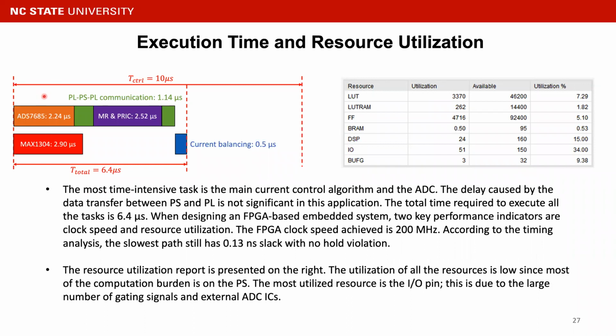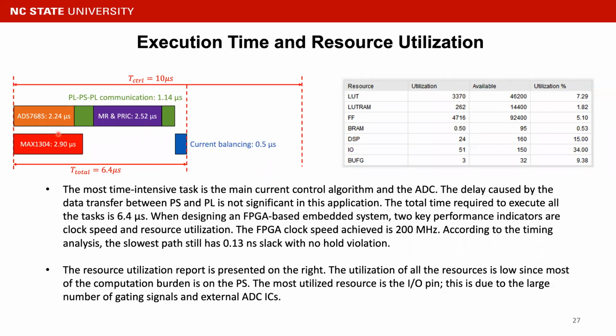The delay caused by the data transfer between the PS and PL is not very significant. The PL to PS and the PS to PL communication is 1.14 microseconds in total.